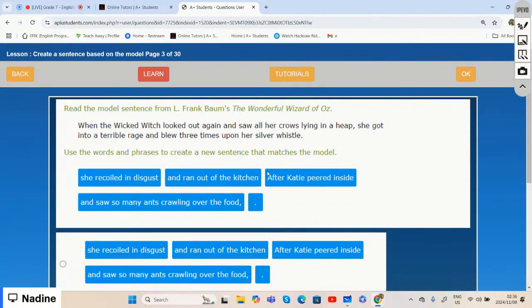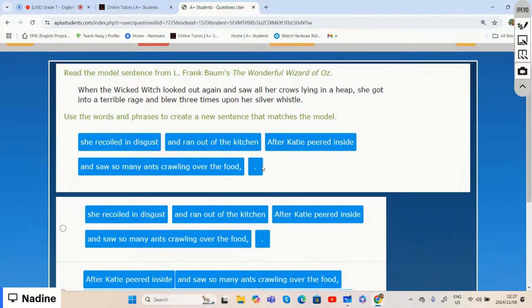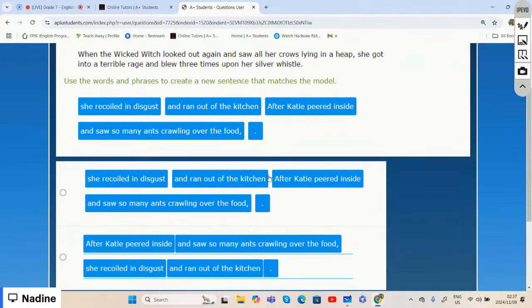The next one says, "When the wicked witch looked out again and saw all the crows lying in a heap, she got into a terrible rage and blew three times upon the silver whistle." We need to use the words and phrases to create a new sentence that matches our model.